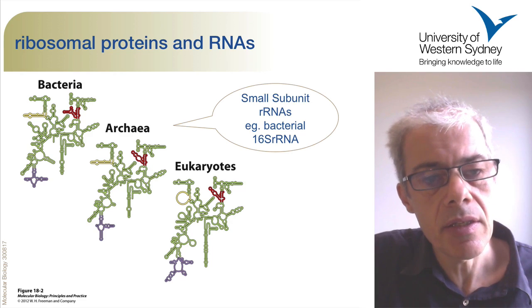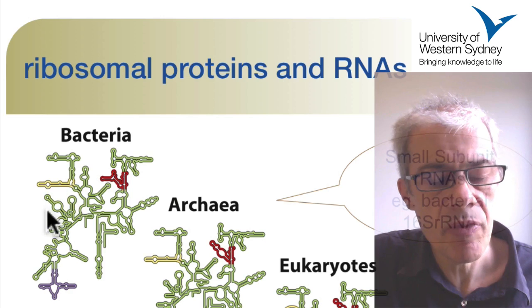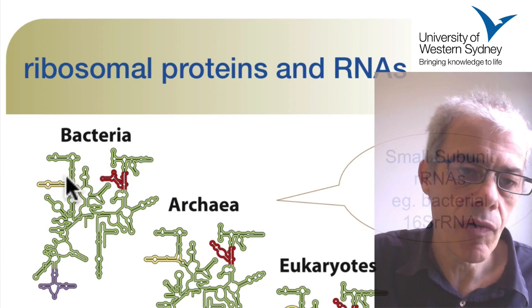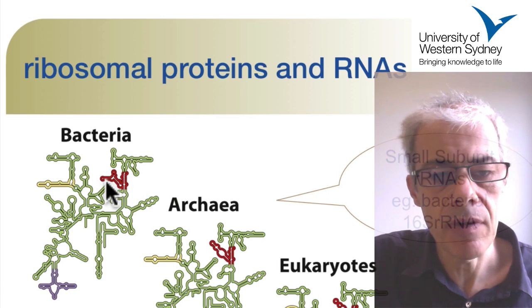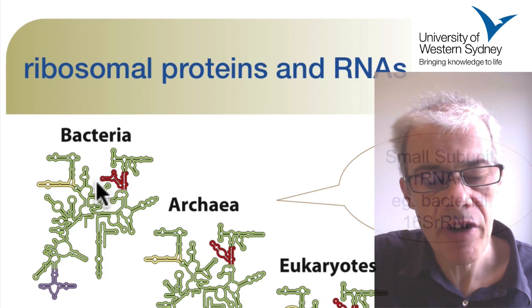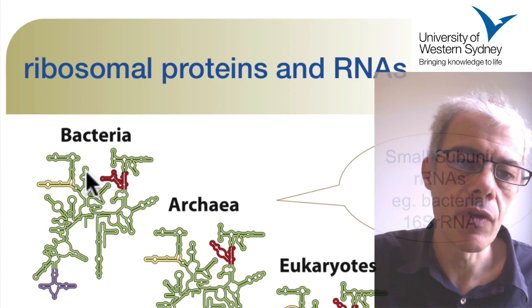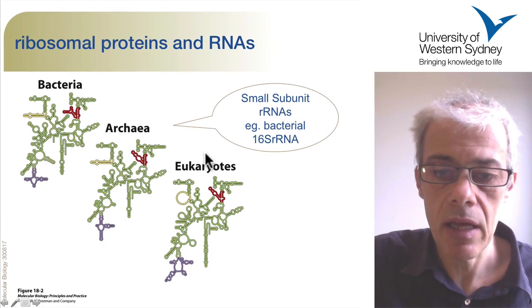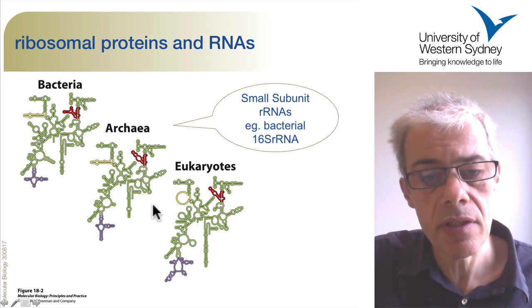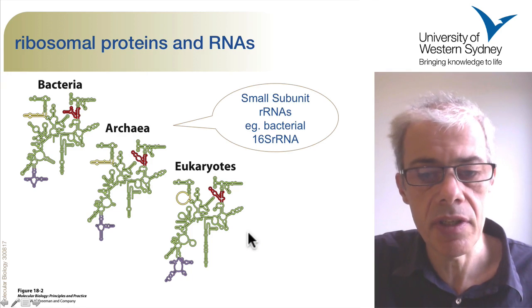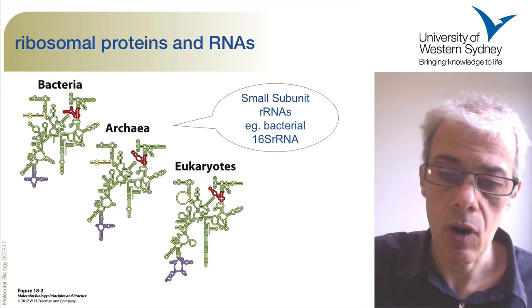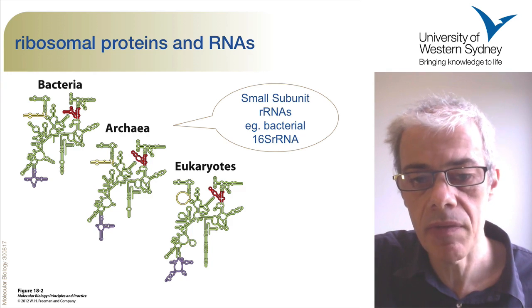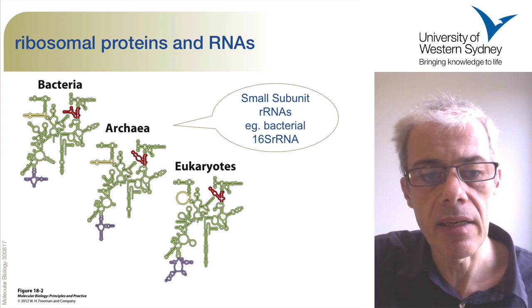So here's this cartoon here represents the folding of a single-stranded RNA into a structure, and if you look at the RNA from the small subunit of the ribosome in bacteria, archaea, and eukaryotes, you can see a lot of this structure has been conserved across these very different species. And that's important because all of these species obviously have protein translation as part of their fundamental processes, and clearly the RNAs have been conserved.